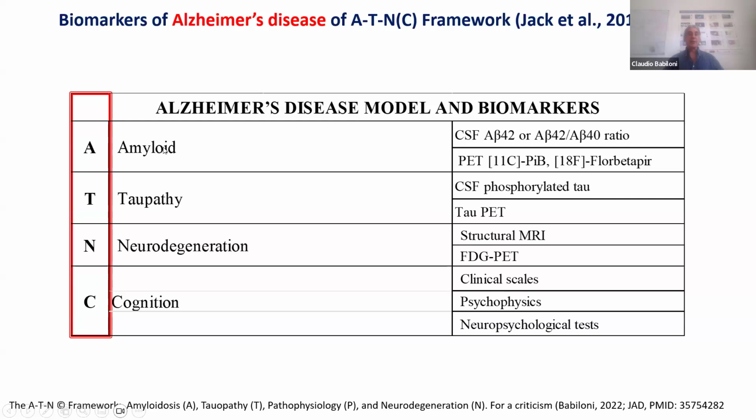And you see that amyloidosis in the brain can be revealed by doses of A beta 42 in the cerebrospinal fluid, or with binding of amyloid ligands by positron emission tomography, in this case with the ligand called florbetapir.